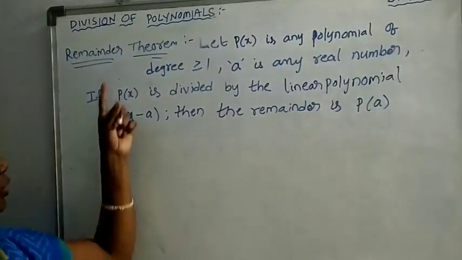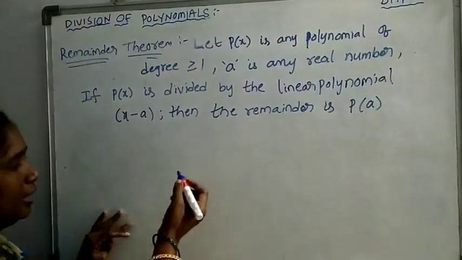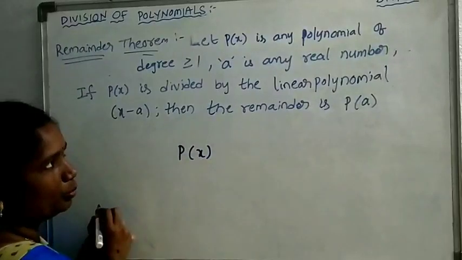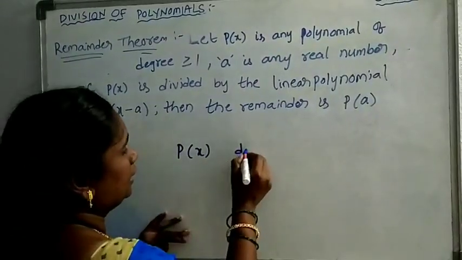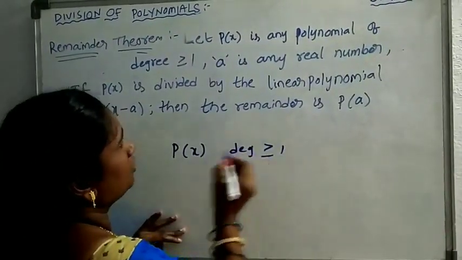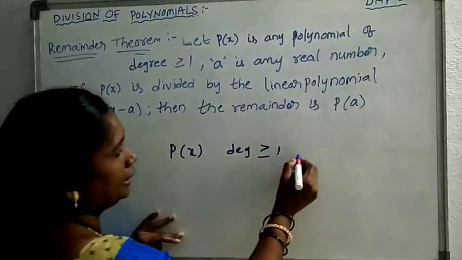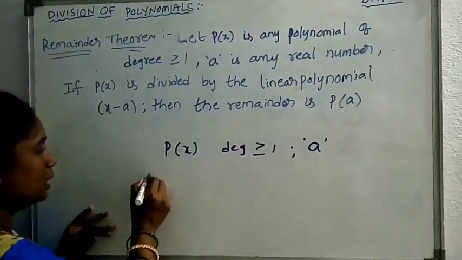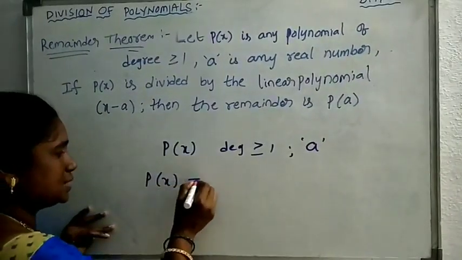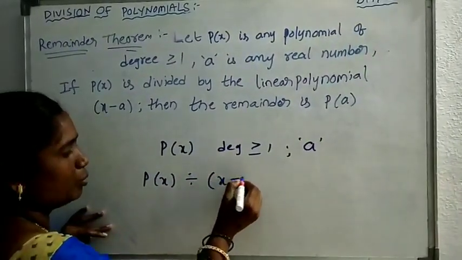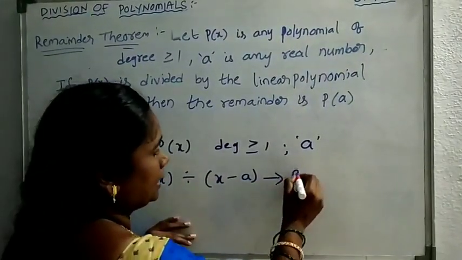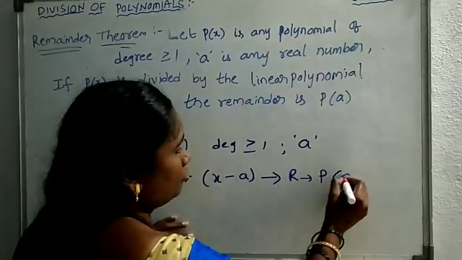Okay, children? Now remainder theorem. Let P of x be any polynomial of degree greater than or equal to 1 and a is any real number. If this P of x is divided with a linear polynomial x minus a, then the remainder is P of a.